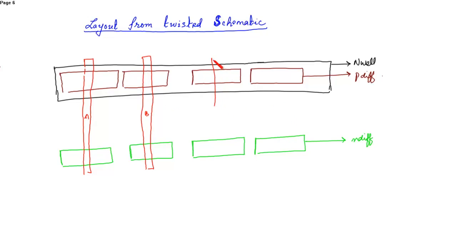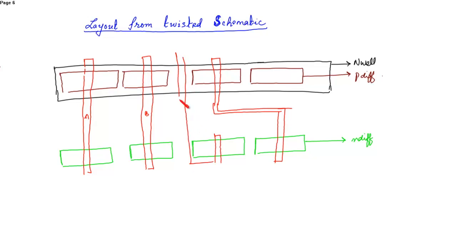If you see the transmission gate, then the gates are oppositely connected. So then from here to here. Okay, now the transmission gates are oppositely connected.